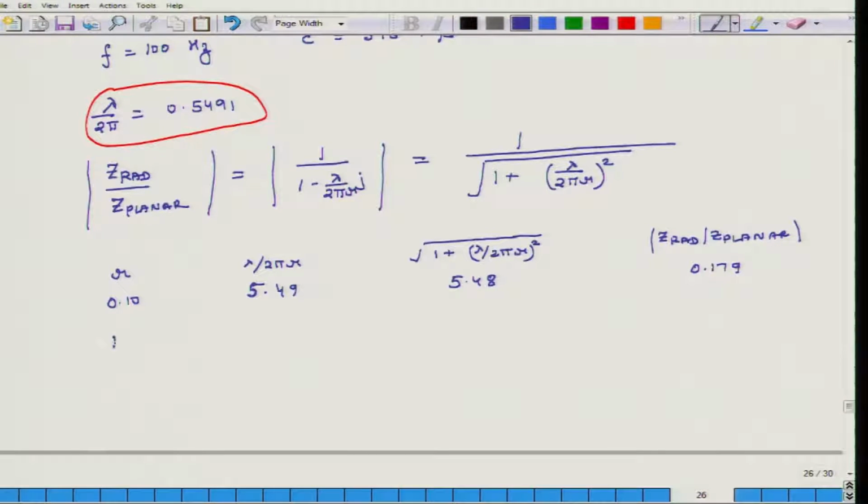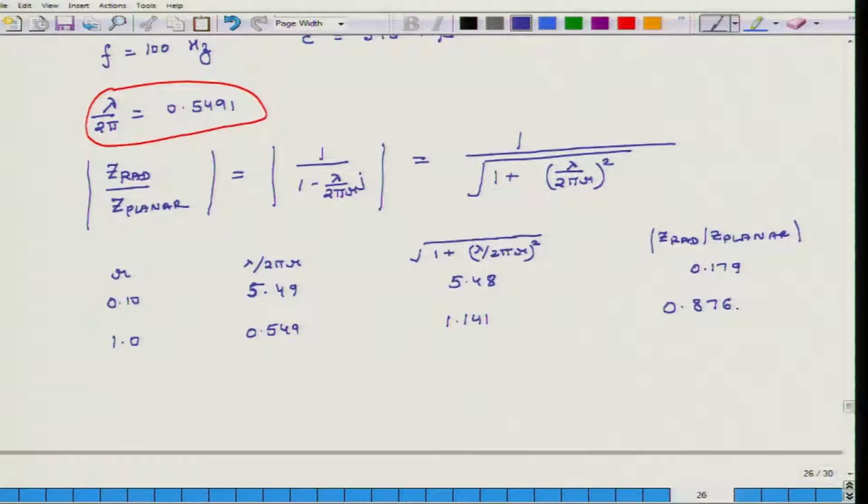Let us see what happens when you are 1 meter away. So, this becomes 0.549, this becomes 1.141, and the ratio of radial impedance and planar impedance becomes 0.876.